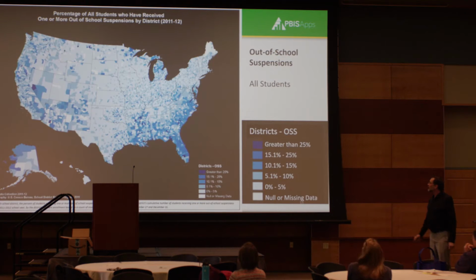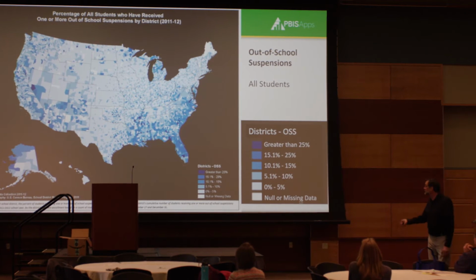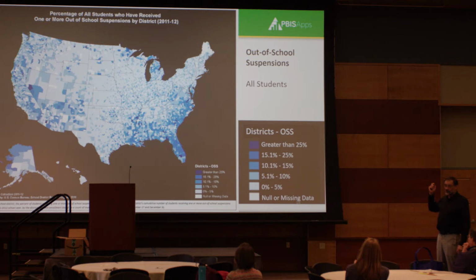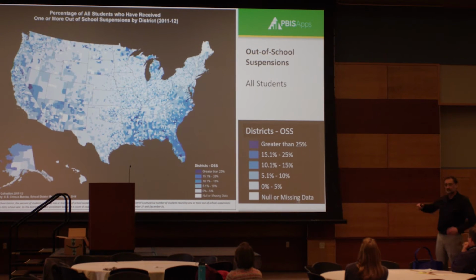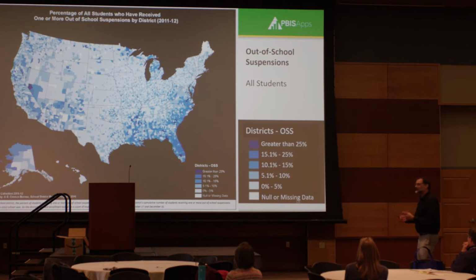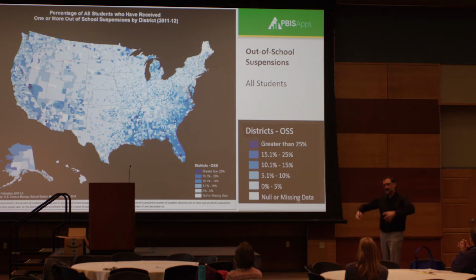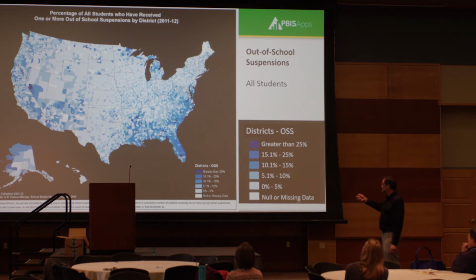Here's an excellent one. I use this one in all my presentations because it's so easy to see. I use Nevada as an example because you only have 17 districts in the state, since they're big geographical areas. It makes it real easy to do the demonstration.